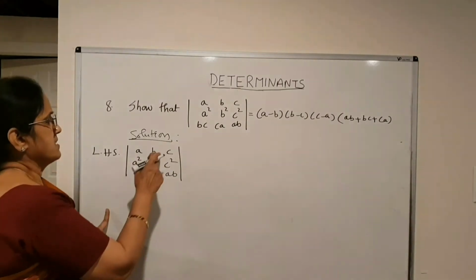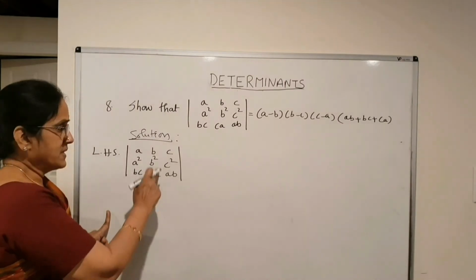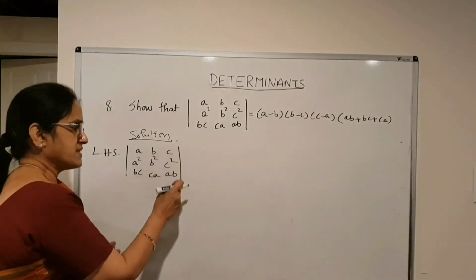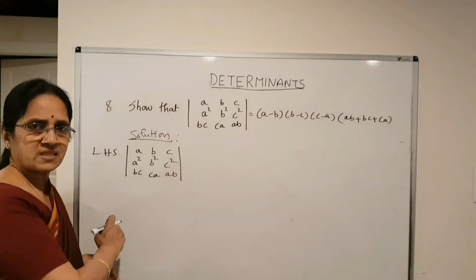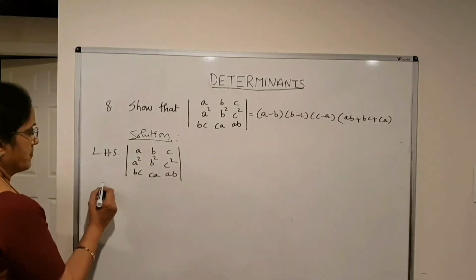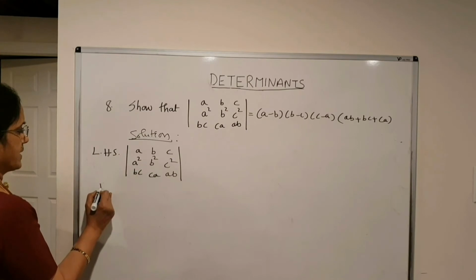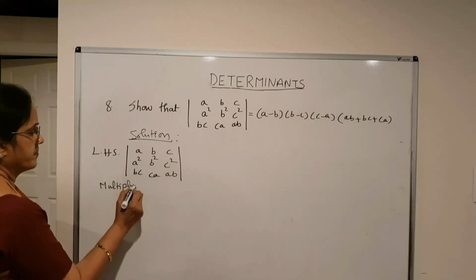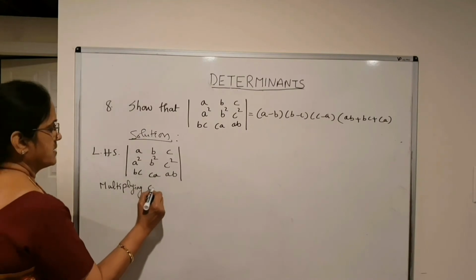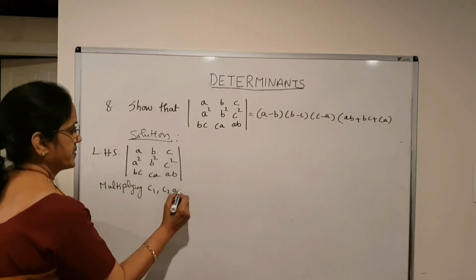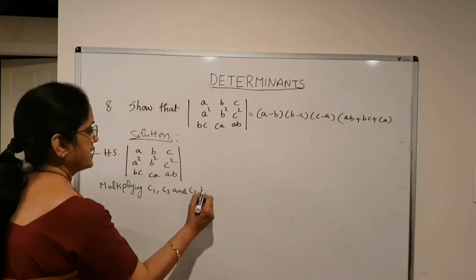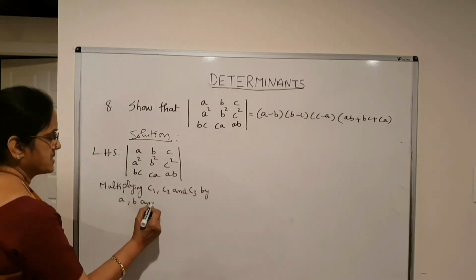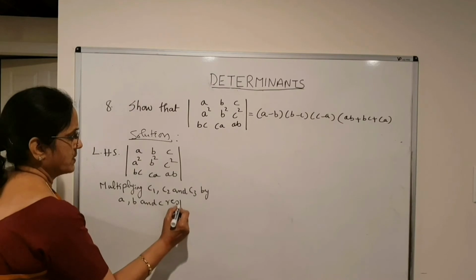Same is the case when I multiply C2 by B, I should divide it also by B. When I multiply C3 by C, I should divide it also by C. So, I will be getting it as multiplying C1, C2 and C3 by A, B and C respectively.